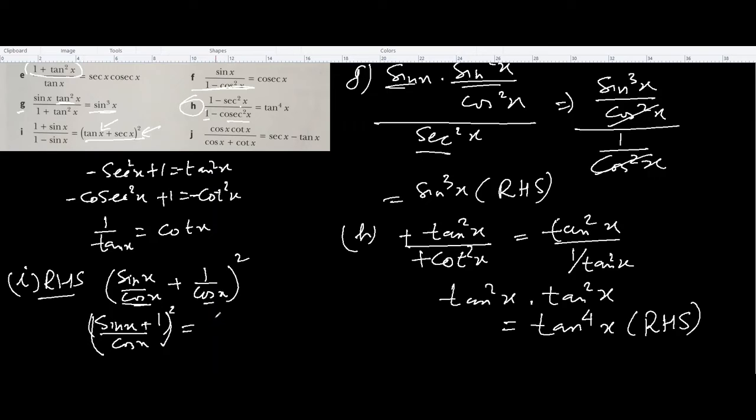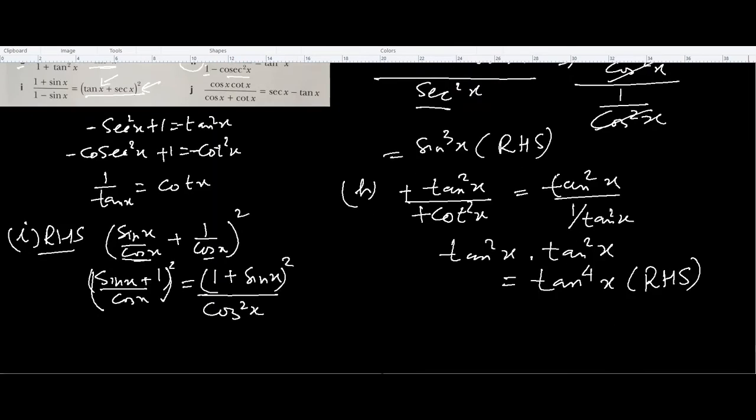So can we write this as 1? We can change, we want 1 plus sin x, right? 1 plus sin x, the numerator square over denominator square, right? Now 1 plus sin x square will remain what it is, but cos square is 1 minus sin square x.